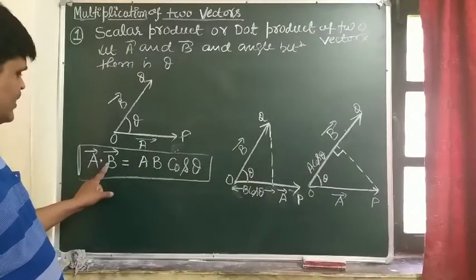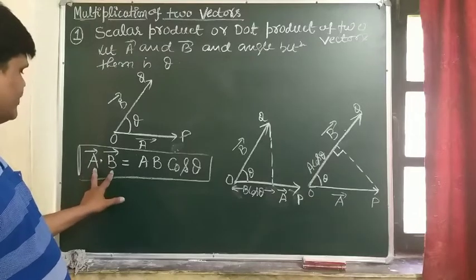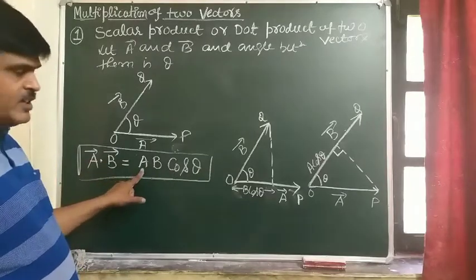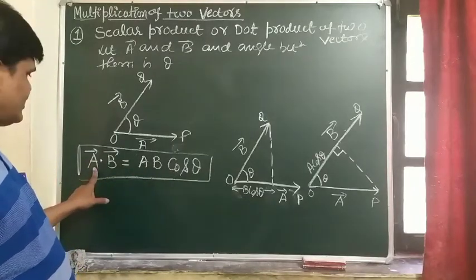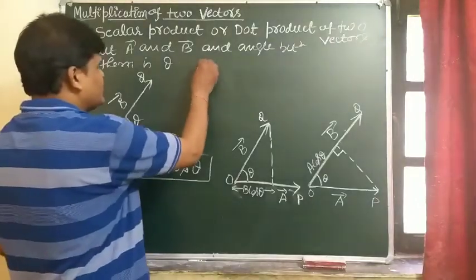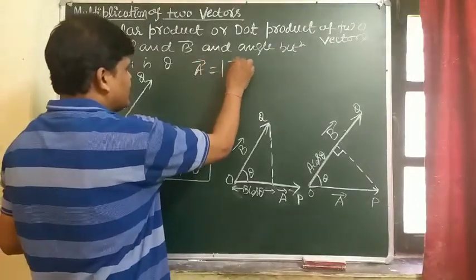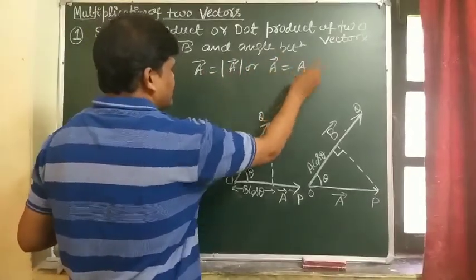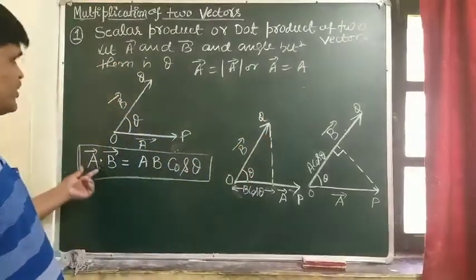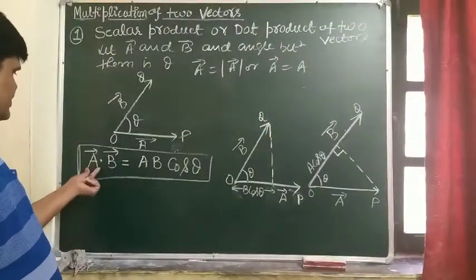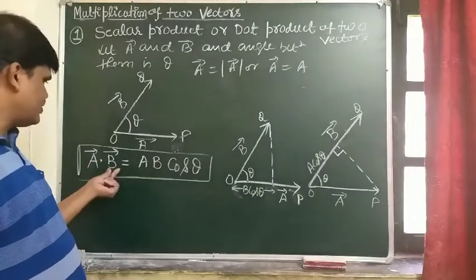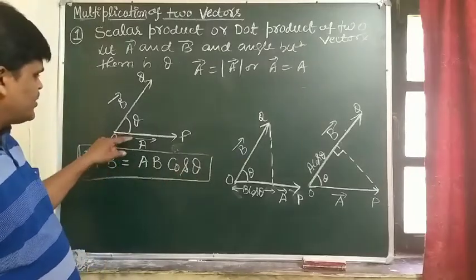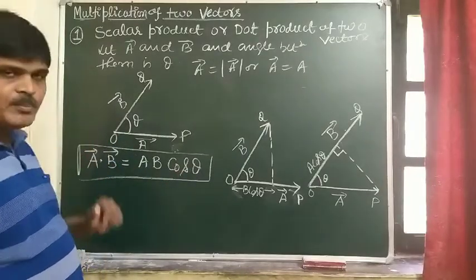Vector A dot vector B gives a scalar quantity. Here A is the magnitude of vector A, B is the magnitude of vector B, and theta is the angle between vector A and vector B.